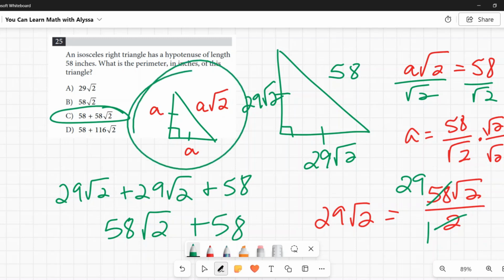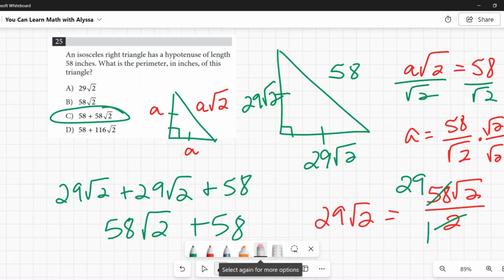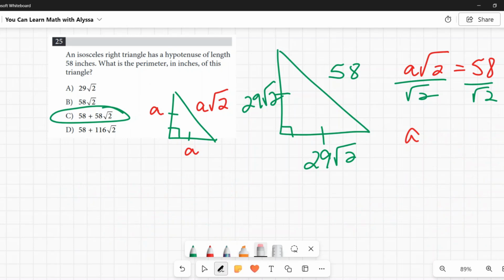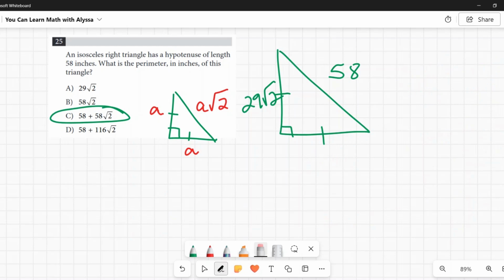If you don't remember this formula, you can still get the answer. As we always say, a lot of times there's more than one way to skin a math problem, to paraphrase an old and horrible expression. The Pythagorean theorem says a squared plus b squared equals c squared.